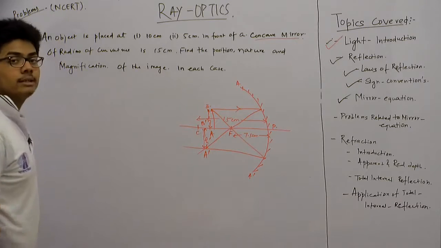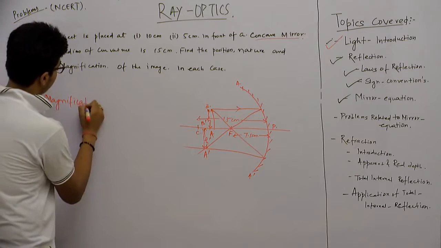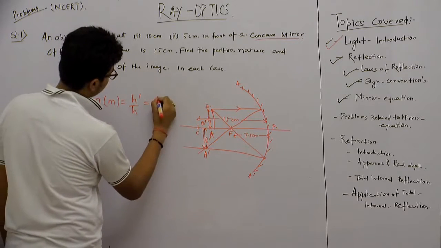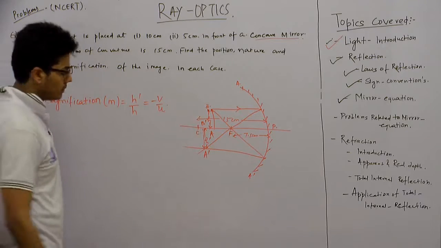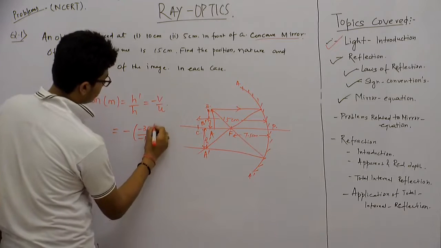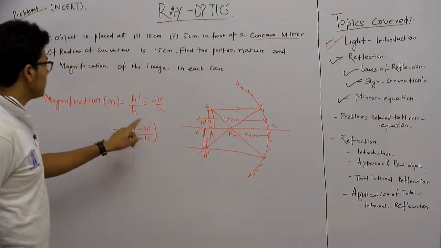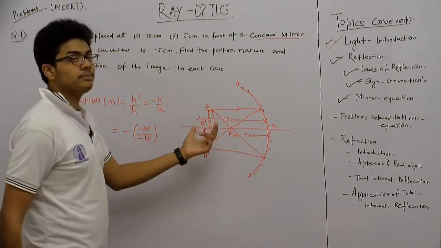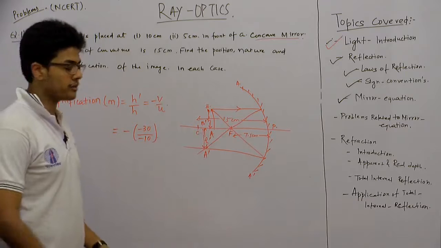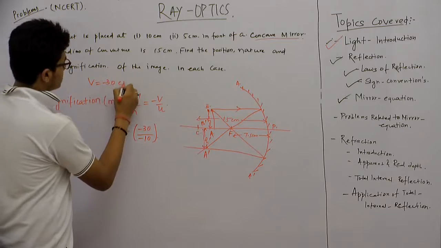Now we calculate the magnification of this. Magnification, as we already discussed, m is equal to h dash by h, which is equal to minus v by u. So it is coming out minus 30 by minus 10. u, we know that it is 10 centimeter, and negative sign shows the sign convention because the object is 10 centimeter from the pole, on the negative side of the concave mirror, and minus 30 we already found out as the image distance.